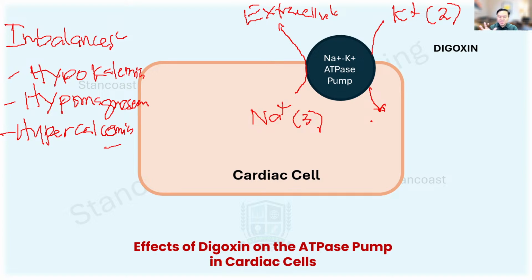So what's the reason for these exchanges? This is to help maintain the cardiac activity, because if there is no proper maintenance of the gradient, this can cause cardiac dysrhythmias. This is the normal mechanism. This is what is supposed to happen in the normal condition.